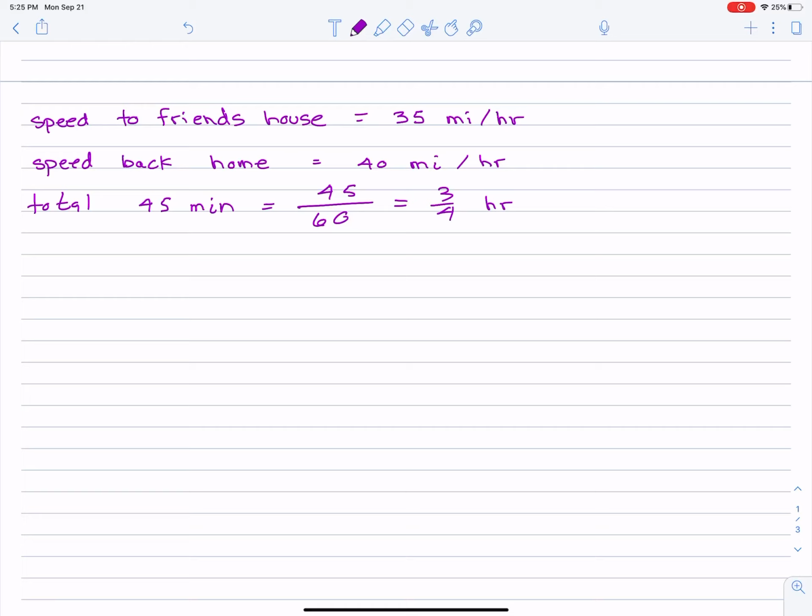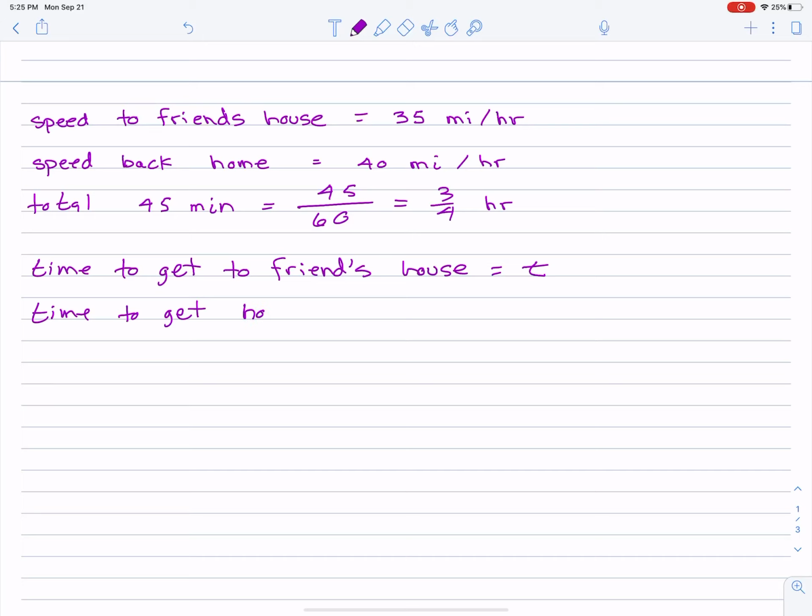So I'm going to say time to get to a friend's house, and we don't know it, so I'm just going to call that T. Then time to go home equals 3/4 minus T, right? Because of the total time.